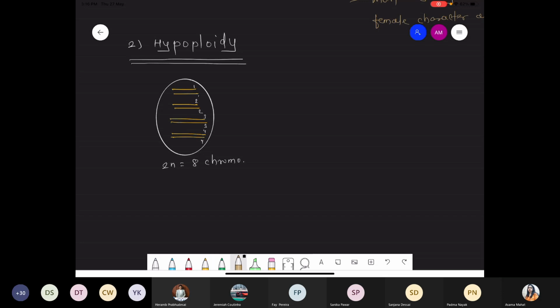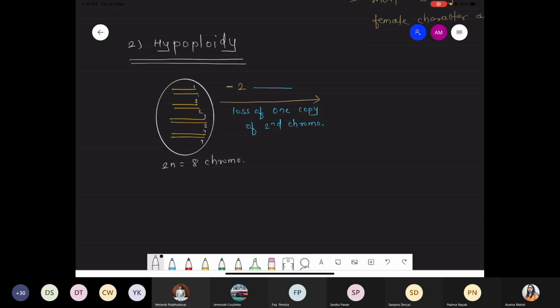Suppose accidentally there is a loss of a chromosome. So -2, I'm using -2 with one straight line. What is the meaning of that? There is a loss of one copy of the second chromosome, because we are using the minus symbol.